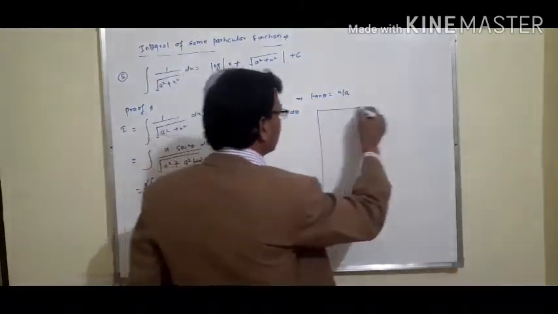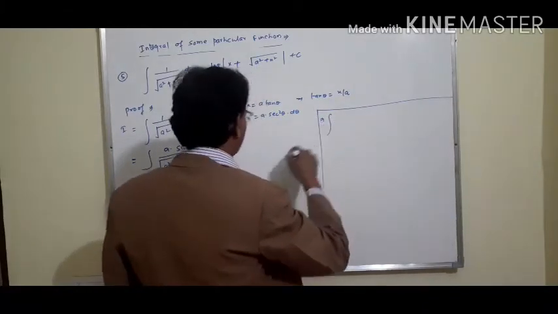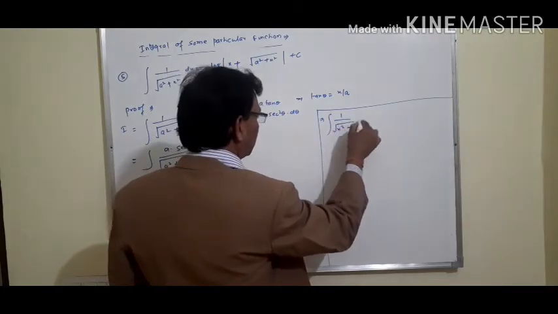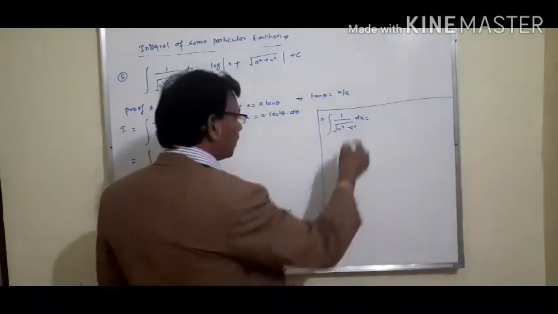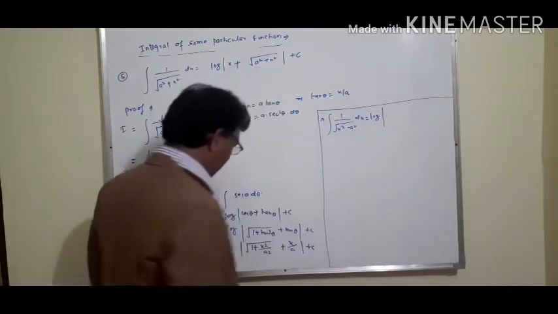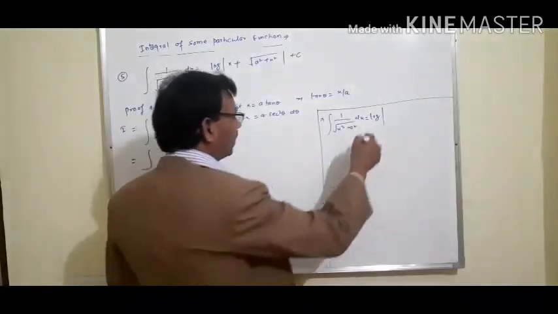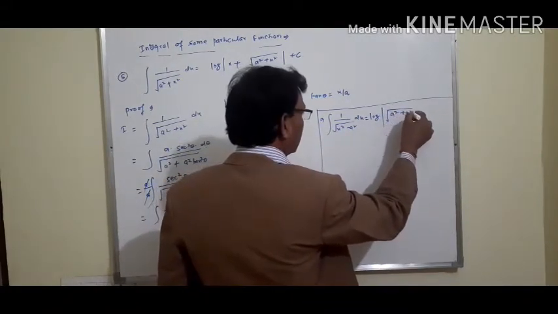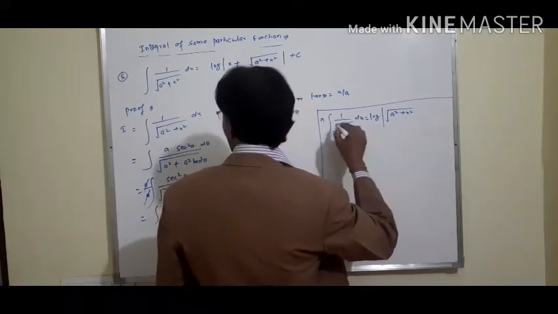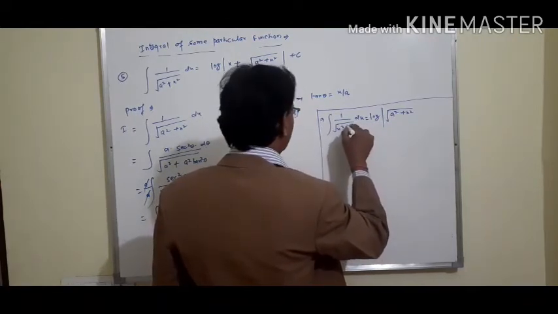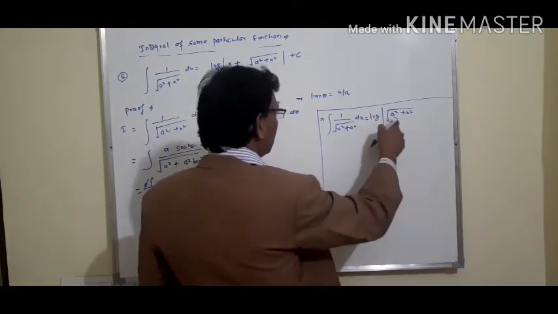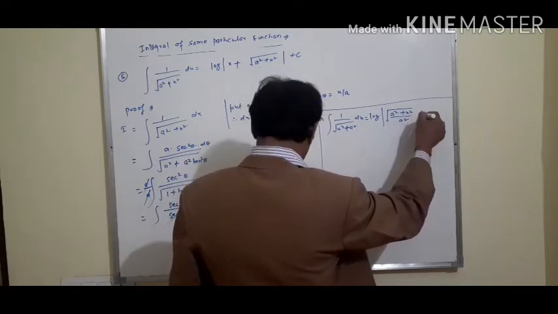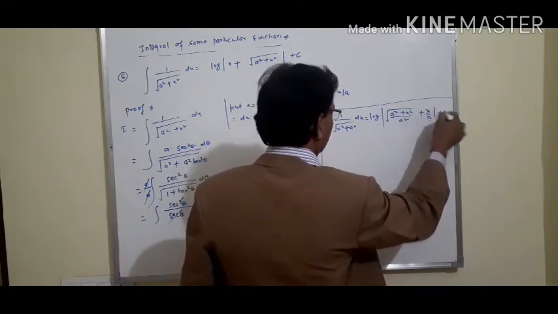Now we can write this integration of 1 upon root under x square plus a square into dx equal to log of, taking LCM, so LCM will be a square, so this will be root under a square plus x square whole upon a square plus x upon a plus c.